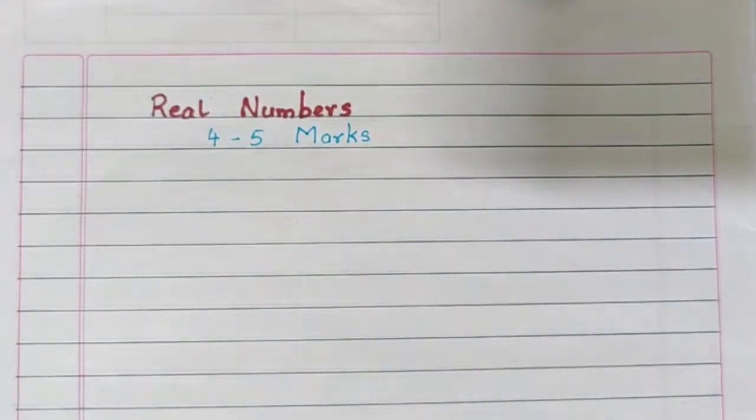For 1 mark, you can expect 1 question, 2 marks 1 question, or 3 marks 1 question. Definitely there will be 1 mark, 2 mark or 3 mark questions, one in MCQ and one in short answers.